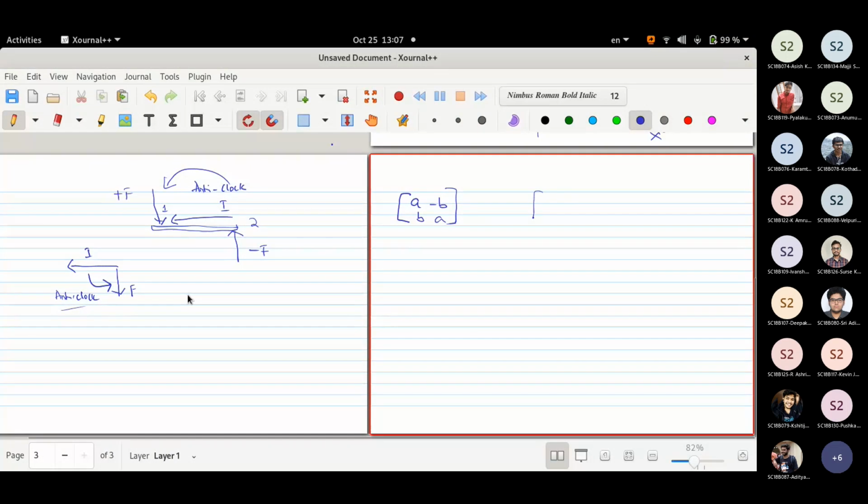Okay, I will simplify this: 0, minus 1, 1, 0. You find for this one, what are the eigenvalues? A plus minus iB. Yeah, this is A plus minus iB. So this will be only plus minus i. What are the eigenvectors? No real eigenvectors. Remember.